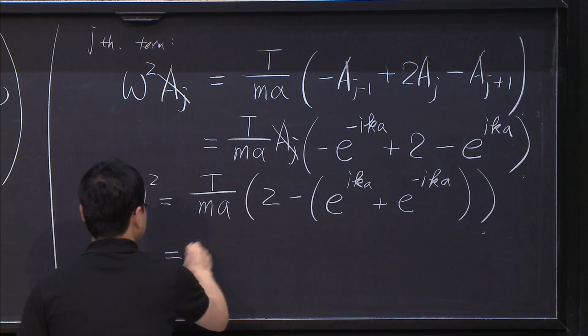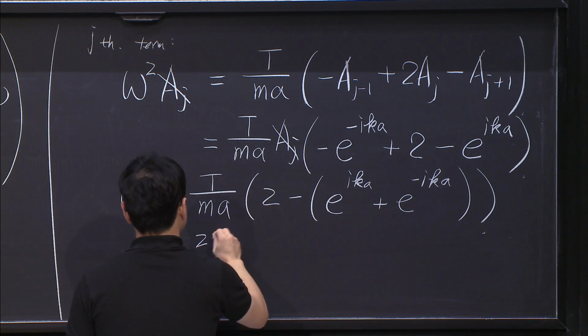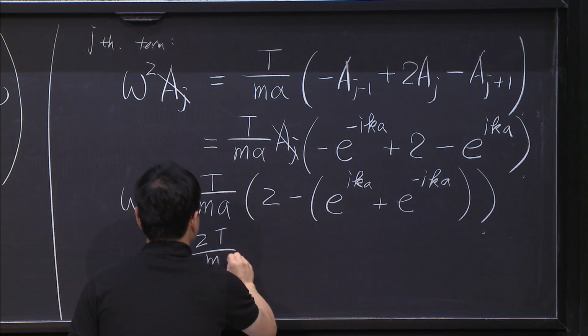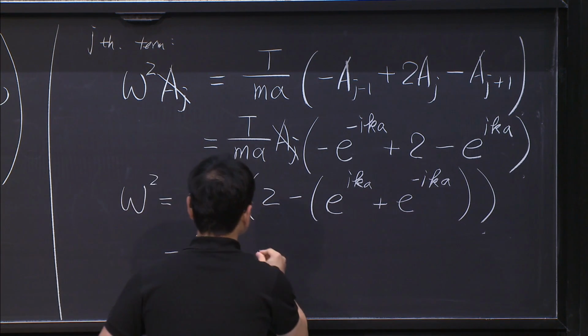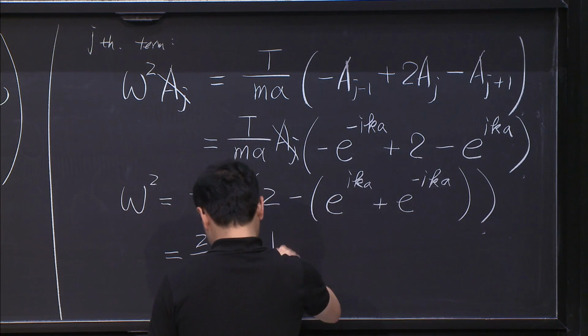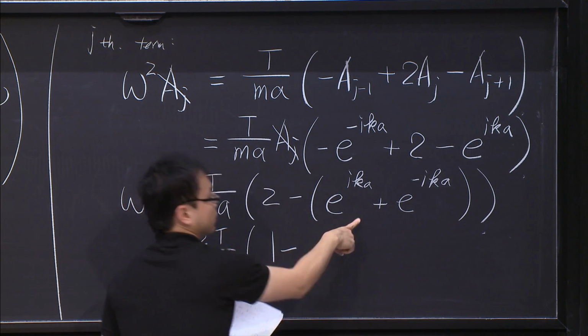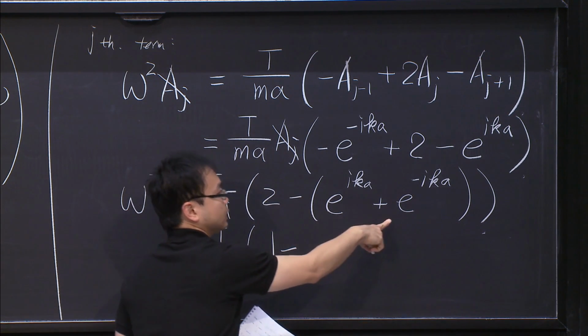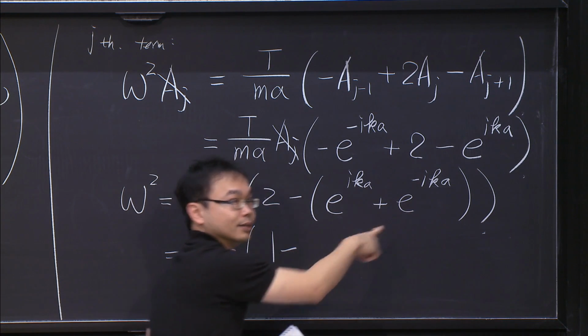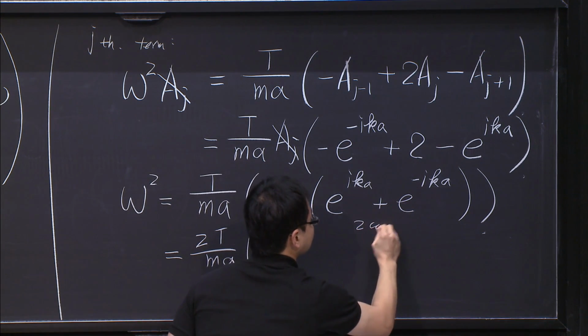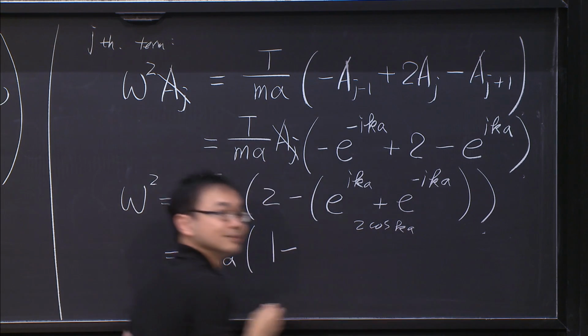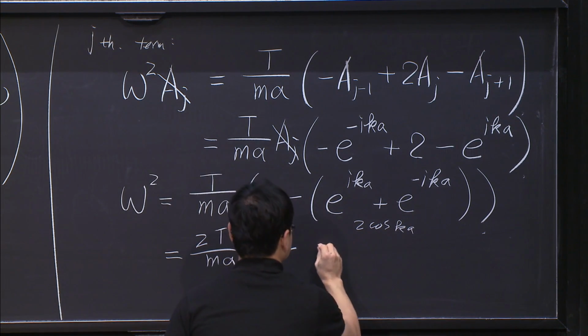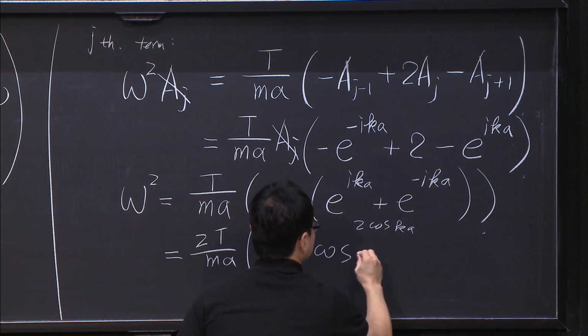And that will be equal to 2T over MA times (1 minus...), so exponential ika plus exponential minus ika, you are going to get 2 cosine ka, right? Therefore, you get 1 minus cosine ka.